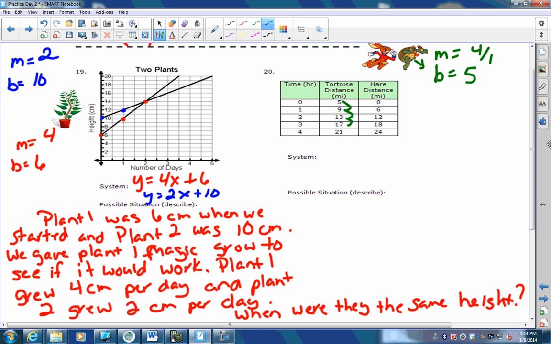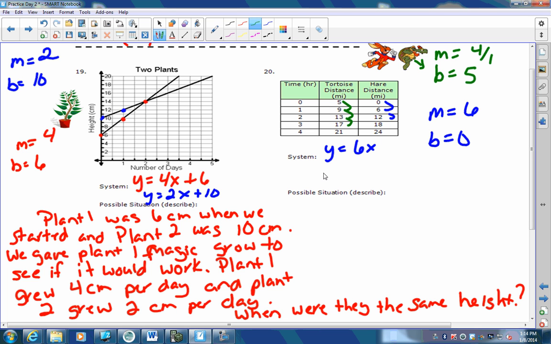Now the hare started at 0, and it is going 6 miles per hour. To write the system, I have y equals 6x. You could write plus 0 if you want to.